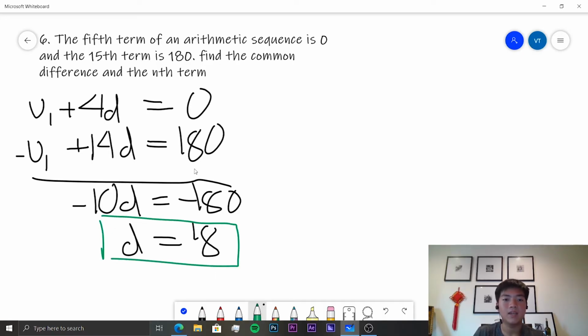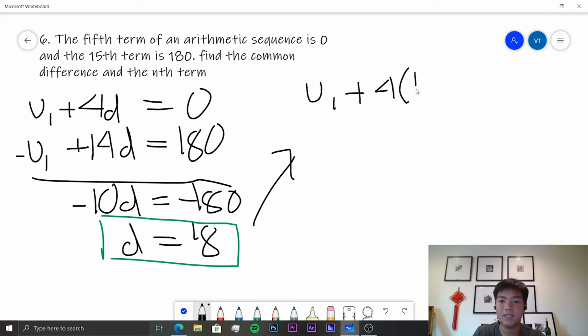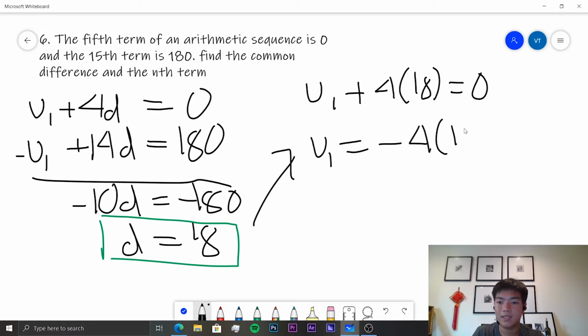Yeah. And so we need to find the nth term. So we know that the first term plus 4 times the common difference, which is 18, is equal to 0. So the first term is equal to negative 4 times 18, which is equal to negative 72, if I'm not mistaken. Yeah. It's equal to negative 72.